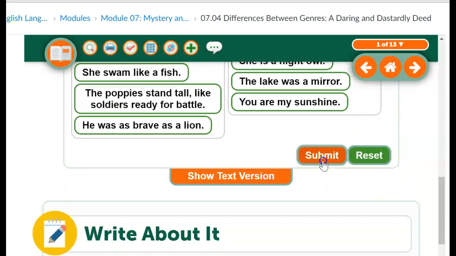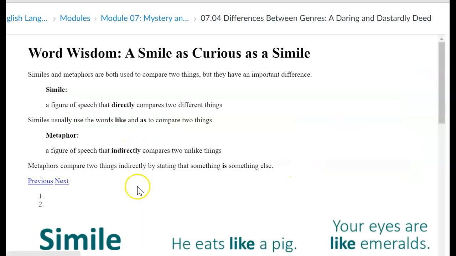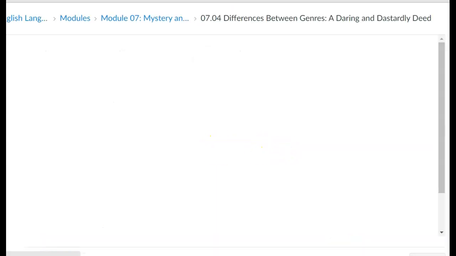So let's take a look at the definitions a little bit more so we can make sure that we understand when we're trying to use similes or metaphors.